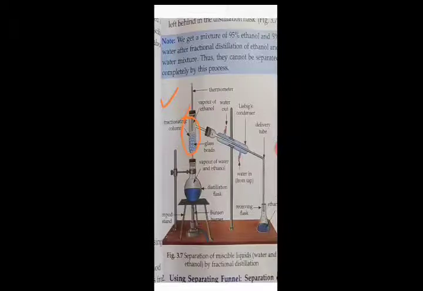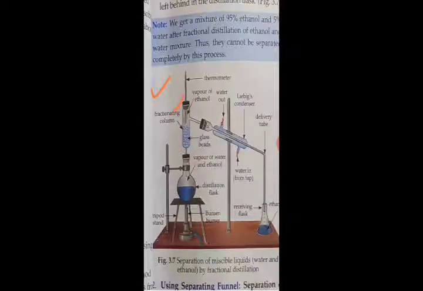Is it clear? This is the fractional distillation process, and it is based on the principle of the difference in the boiling points of the two liquids, which is generally less than 25 degrees Celsius. So here we have taken a mixture of ethanol and water and separated it.